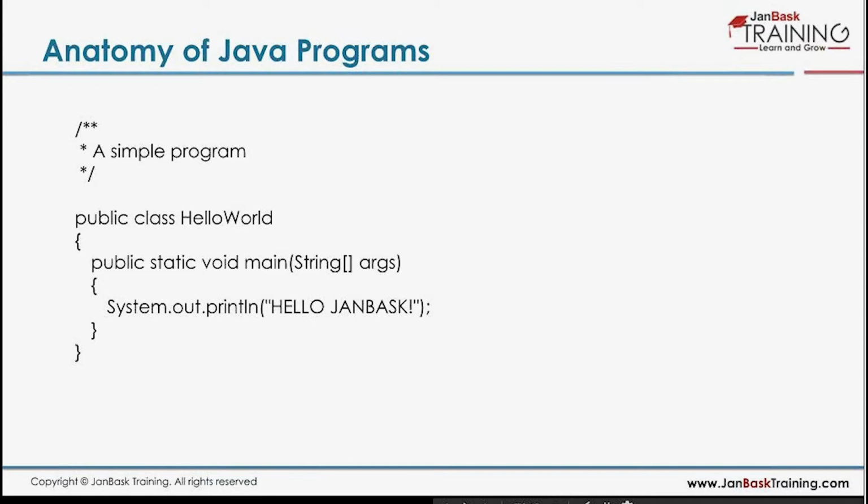Now a main method is a special method in a program in that it can act as an entry point of the program. What being an entry point means is that when you create a program, the operating system needs a reference location from where the control can flow into the program. So let's say I'm running Windows, and if I want to run a Java program, that Java program needs to have a main method so that my Windows operating system can pass the control to that main method.